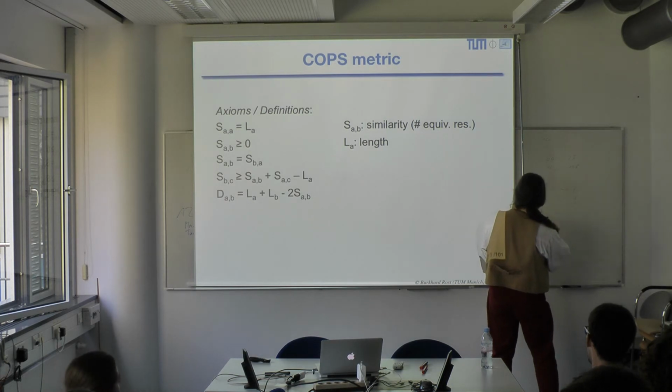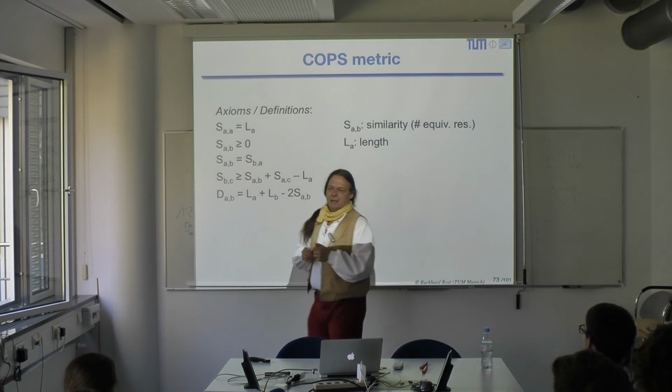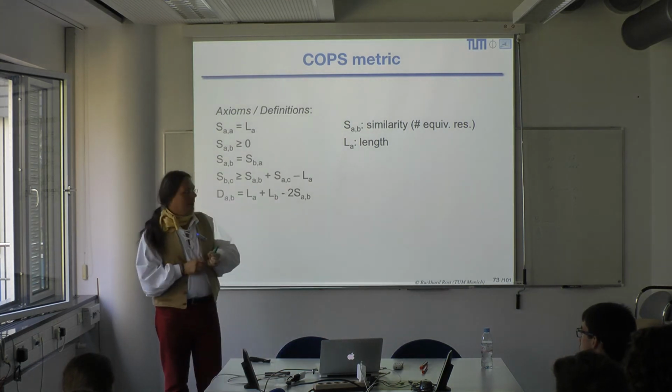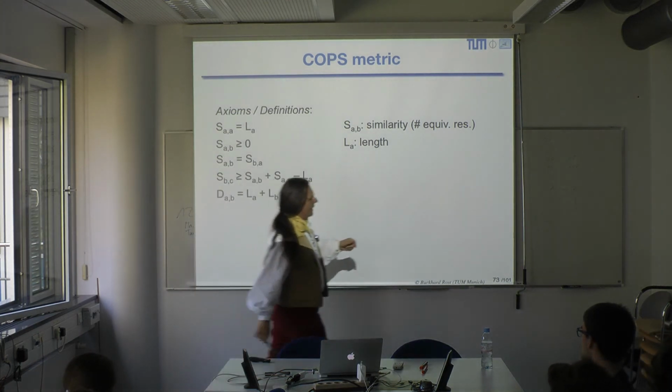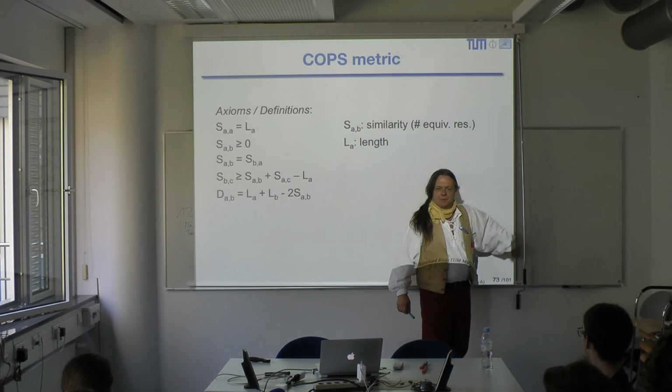But I have to clearly call this B, and that A, and that C. So in this particular case, I have B and C similar, B and A similar, but C and A absolutely not similar in this construction.